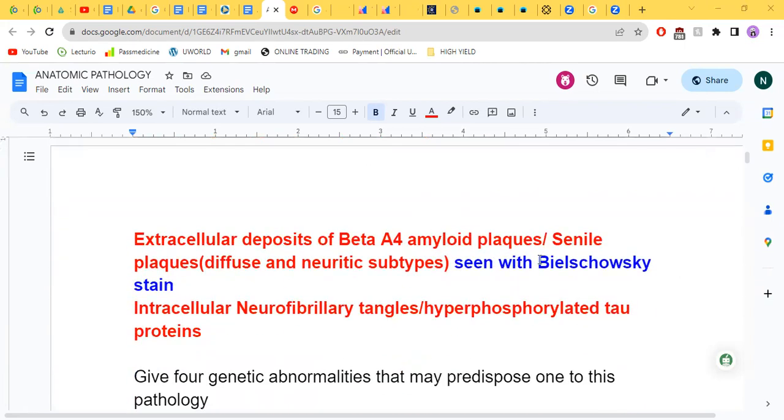Maybe Bielschowsky. Okay, correct. So the Bielschowsky stain is used to stain these slides so that you are able to see the neuritic plaques. Awesome. You guys are doing well. Yes, and someone has told us that the Bielschowsky stain is the exact silver stain that is used. So maybe there are many silver stains, and the one used to stain beta amyloid is the Bielschowsky one.